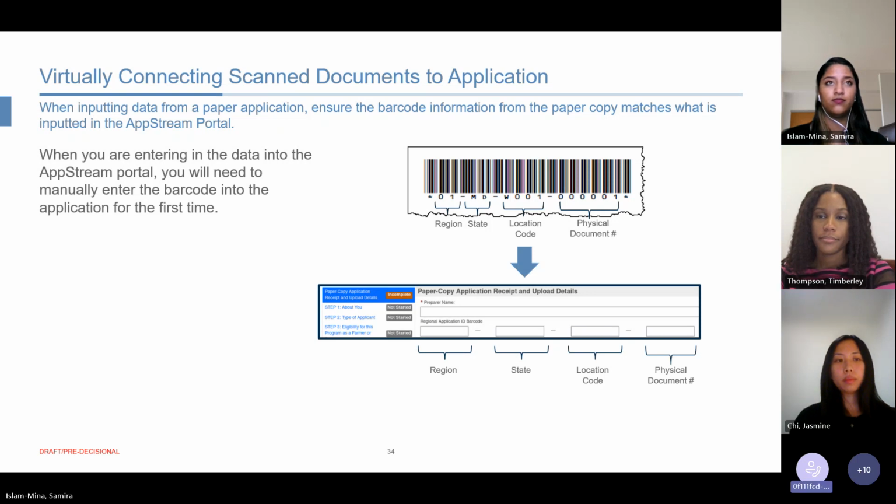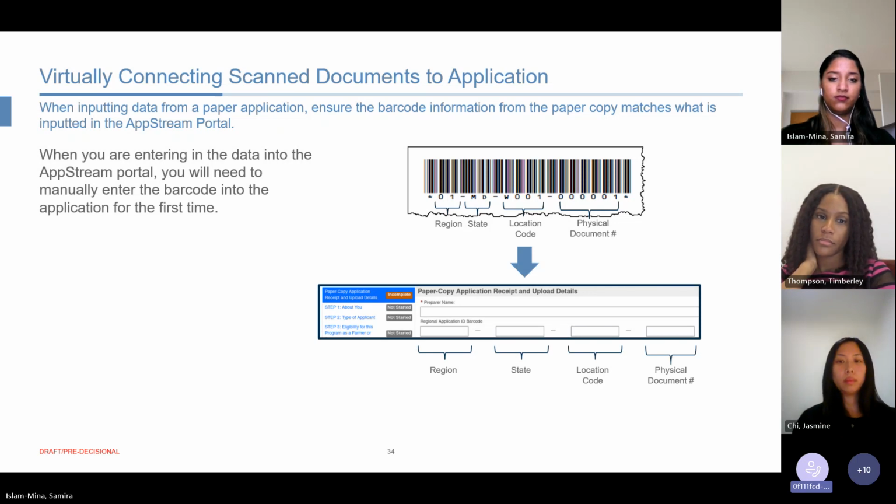So the barcode is created and coded with a couple different things. The barcode is created by 4 things, as we see here: region, state, location, and physical document number. On the first page of the application portal, which we'll show you in a couple minutes, you'll be asked to put in these barcode numbers. So we tried to show the equivalence here.